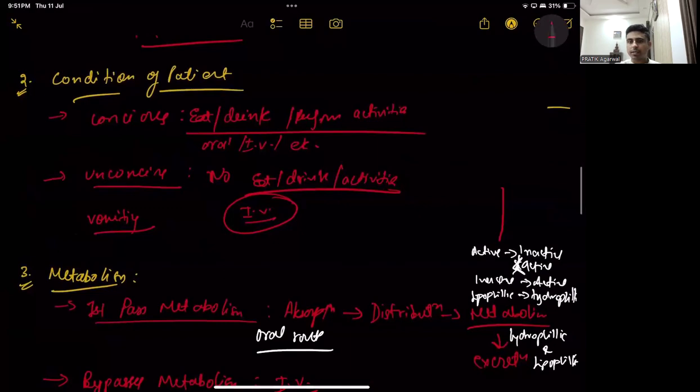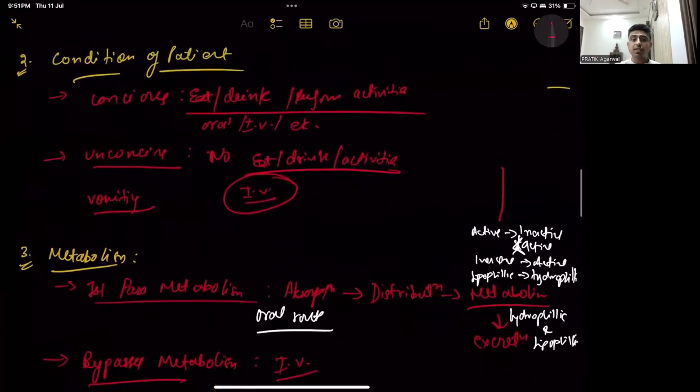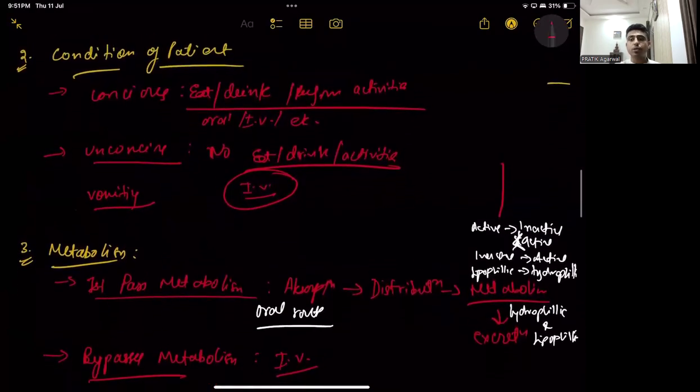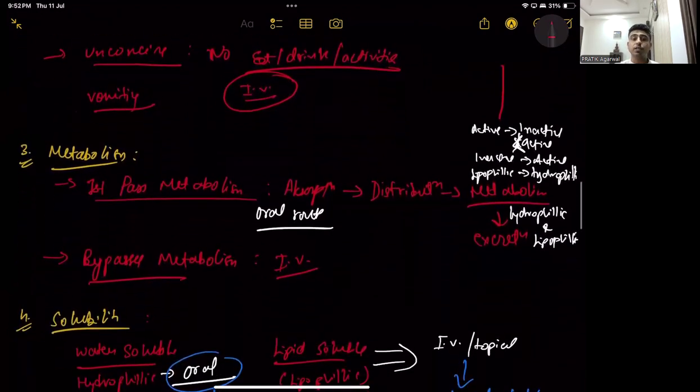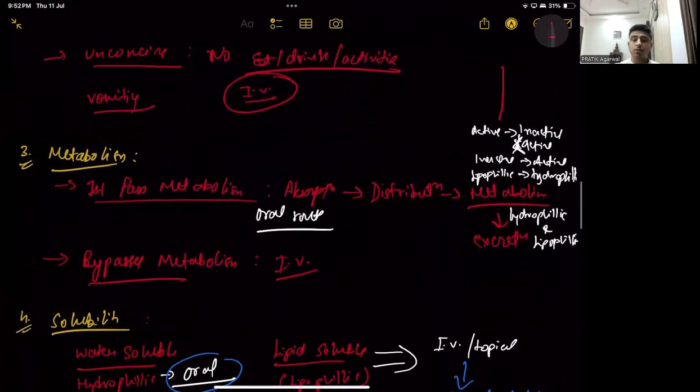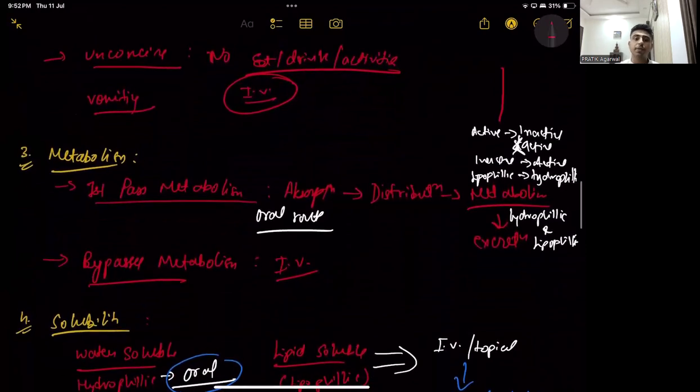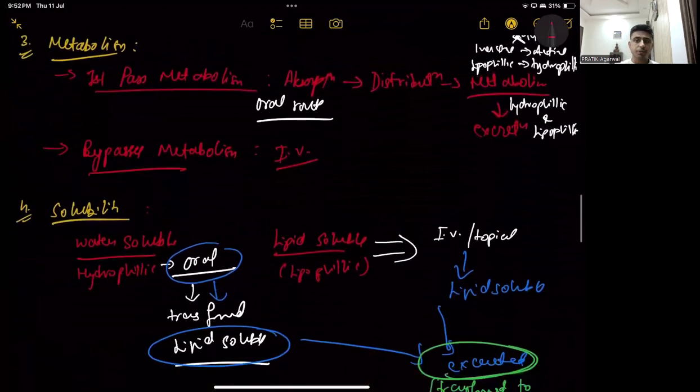But if the patient is unconscious or is vomiting, then the oral route is not preferred, whether it is liquid or gas or anything. Only IV or systemic circulation is preferred. Then if the patient requires metabolism, yes, then the oral route is preferred. If they don't require metabolism, then the oral route is not preferred.